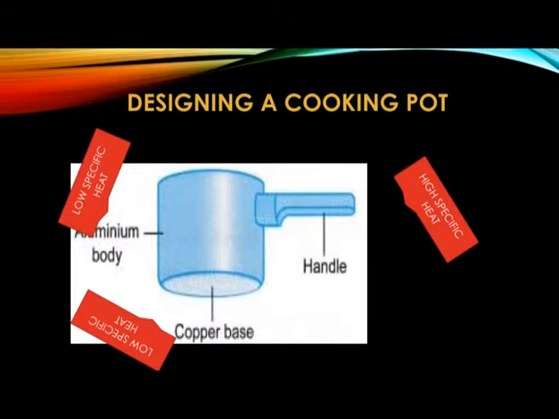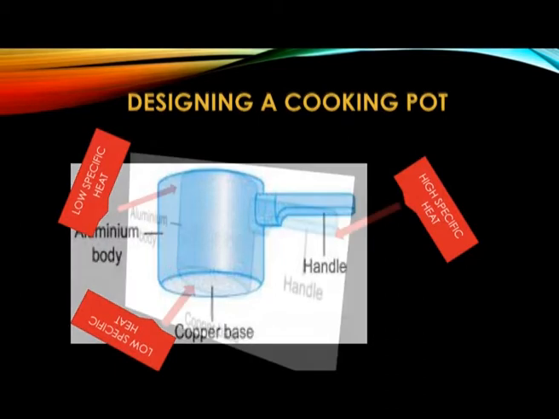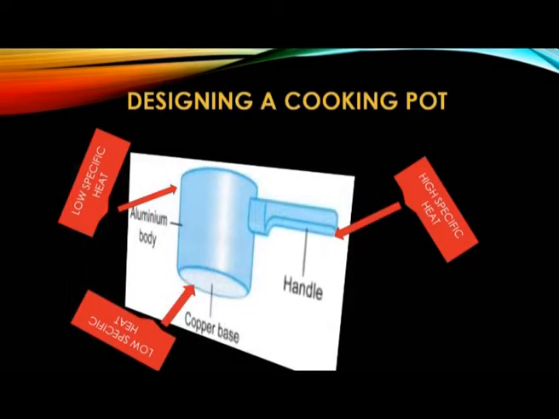Because the base and body are made up of low specific heat materials, the temperature rises rapidly and very quickly, thereby we can save the fuel. The handle must act as an insulator. For that purpose only we are manufacturing the handles with high specific heat.